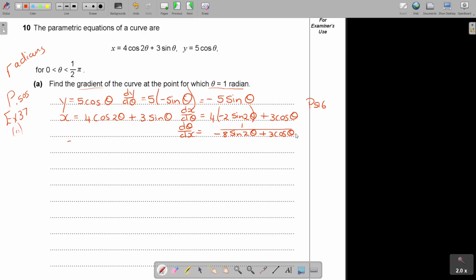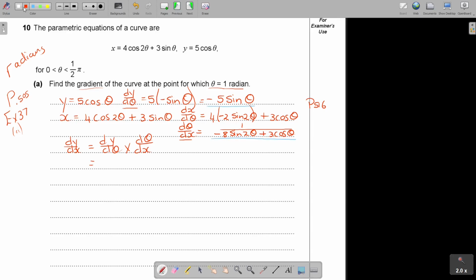Because I want to get dy over dx, so x must be at the bottom. So to do that, I'm going to say dy over d theta, which I have there, multiply d theta over dx. So let's just multiply, it's this and this.